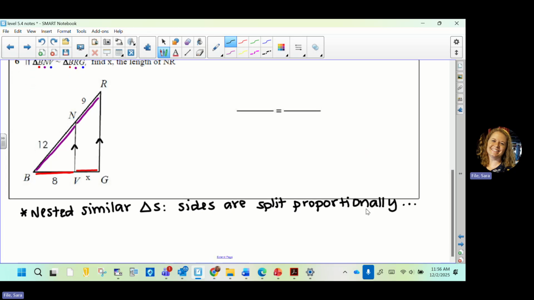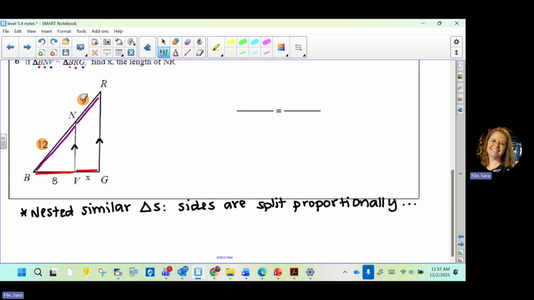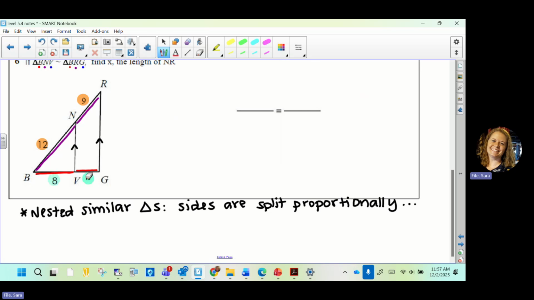So that means that I can set up a proportion with those corresponding pieces. Now, it's not necessarily sides of the triangle, but it's pieces. So this piece, 12 and 9, is the same ratio as this piece, 8 to x.